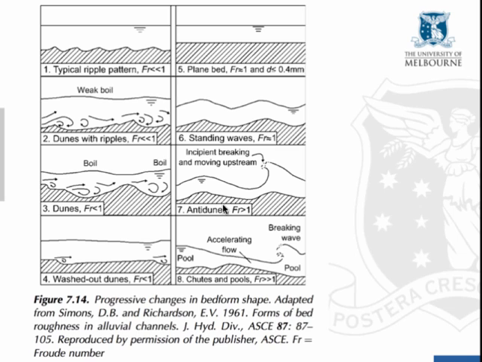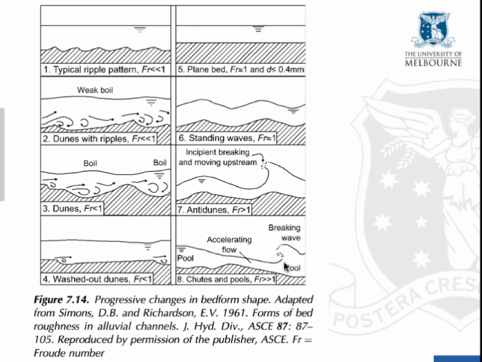Then anti-dunes are formed when those waves begin to break, and we get white water forming on the surface. And finally, at higher Froude numbers, still much greater than 1, we get pools and chutes forming in the surface water, with critical flow through the chute sections and a breaking wave in the pool.